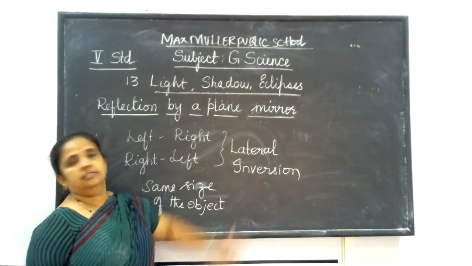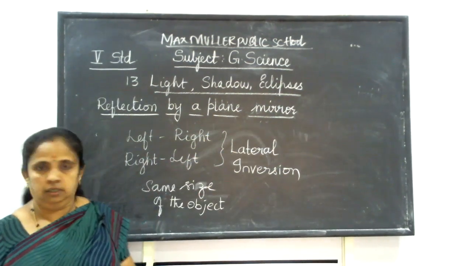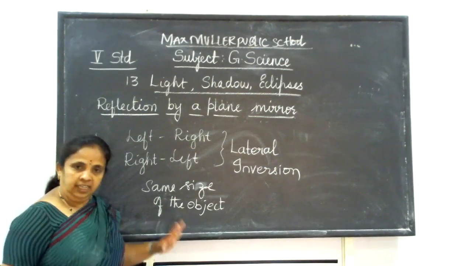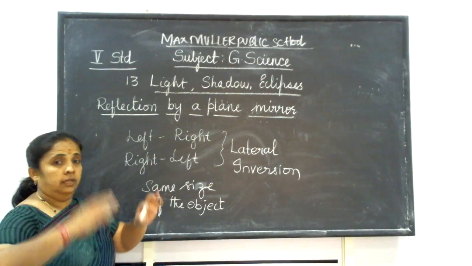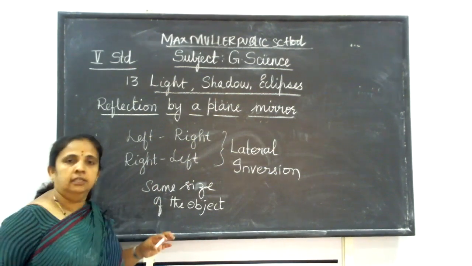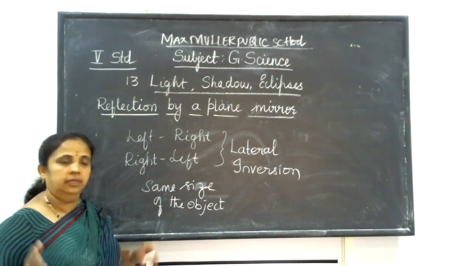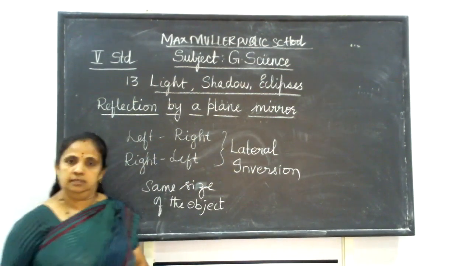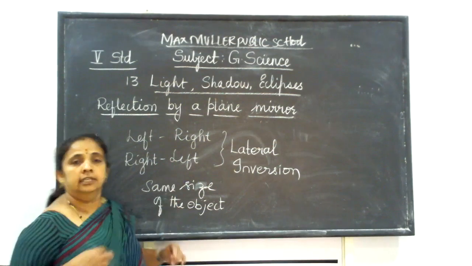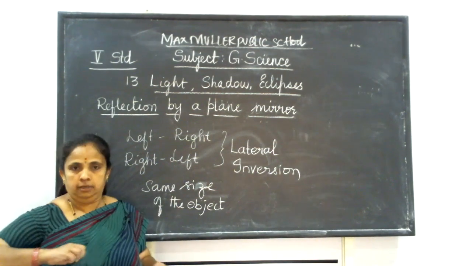And that is called lateral inversion. And then the size of the object, after reflection, when you see that size of the object in the mirror, it will be of the same size. Understood? So these are the characteristics of the mirror.